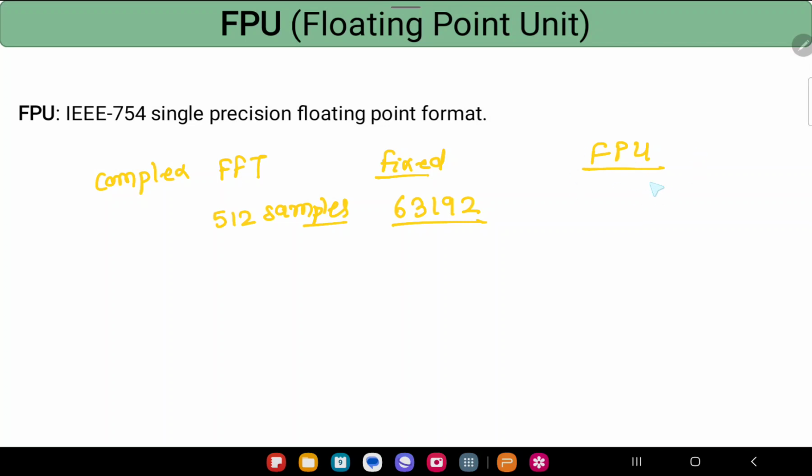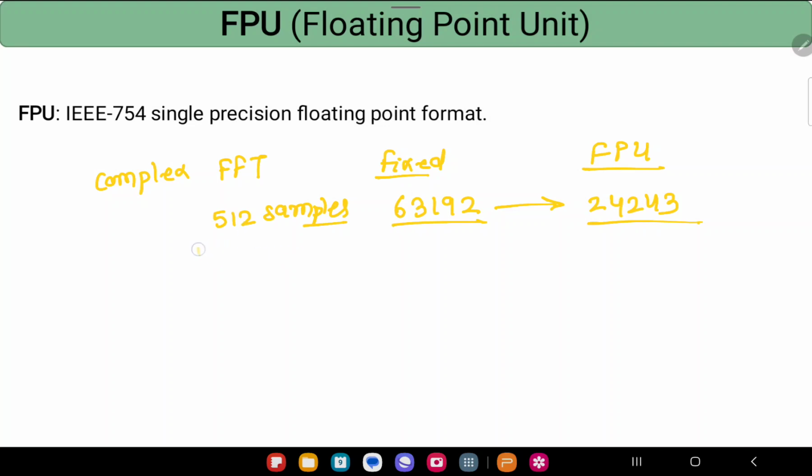And if you are using floating point units for 512 points, you need 24,243 cycles. So you can see there is a drastic reduction when you use floating point units as compared to fixed point units for the 512 samples.